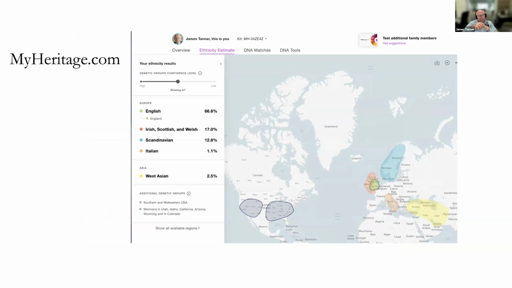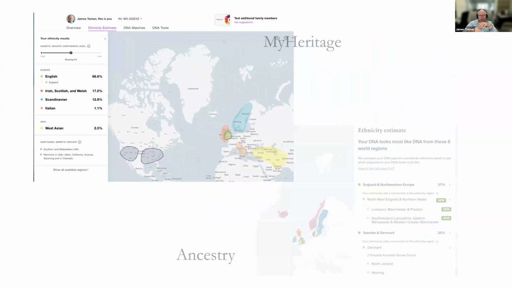So maybe the records are showing and the records are valid and I have a valid line going back. But right now, looking at the DNA estimates, there's nothing that shows me that I could be related to these people.